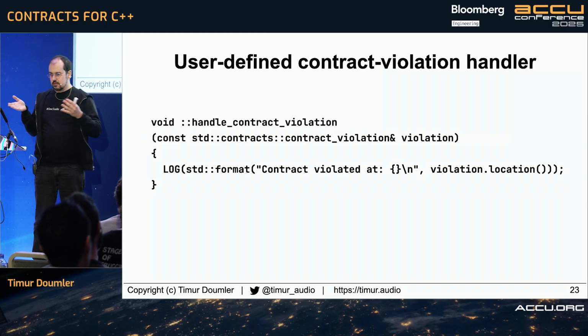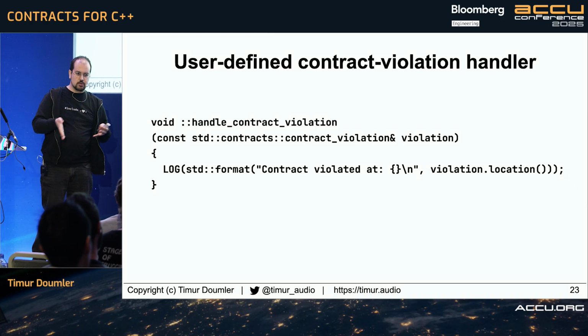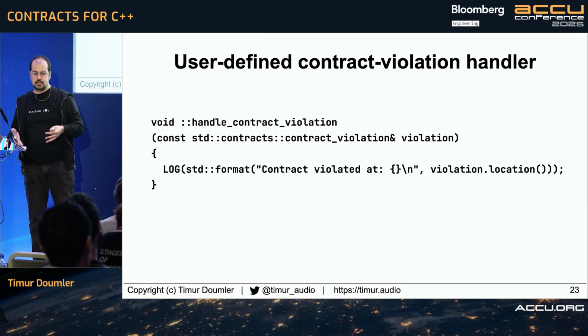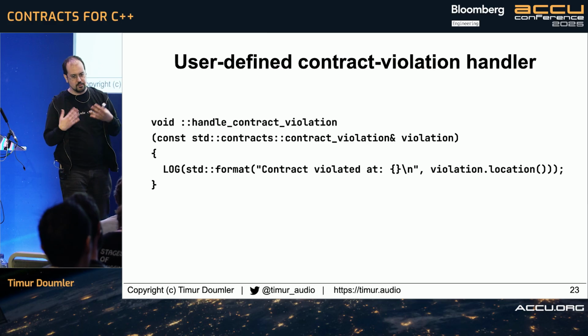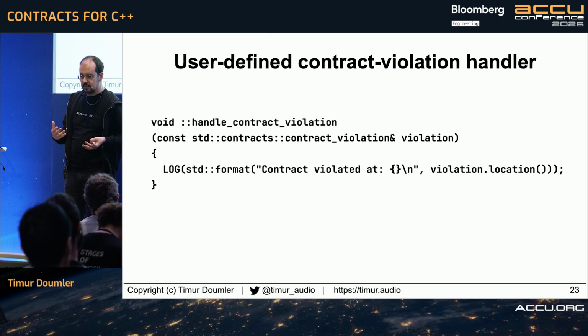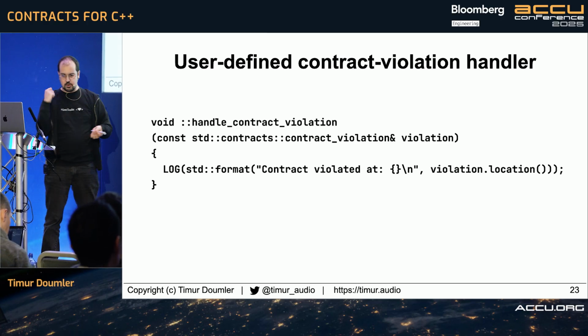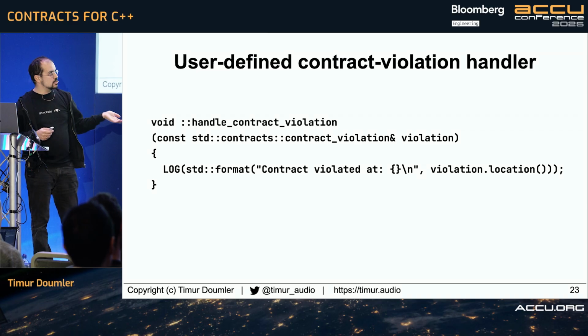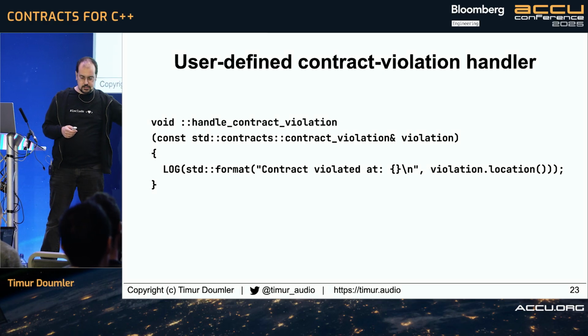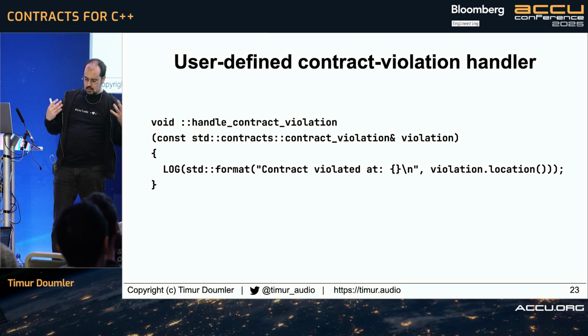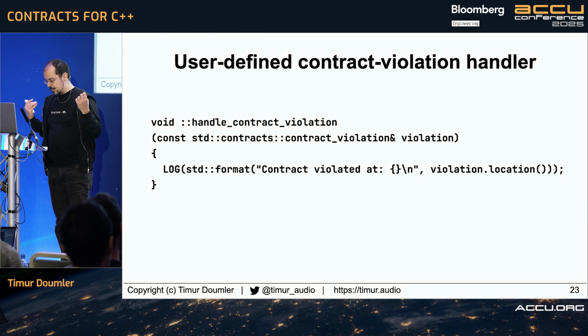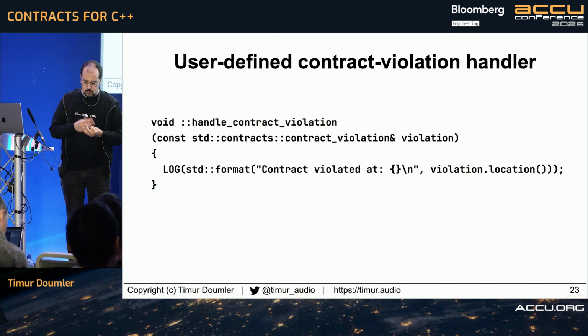If you want to replace those with your custom global operator new and operator delete, it's the same mechanism. It's called a replaceable function. Essentially, it's a weak symbol. So you link it in, and at link time, it's going to replace the default with your own implementation. And your own implementation is going to get called whenever you have a contract violation, whenever one of those predicates is false, and you are using the observe or enforce semantic.